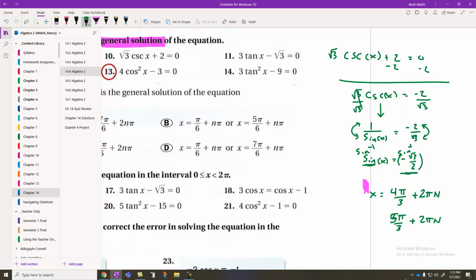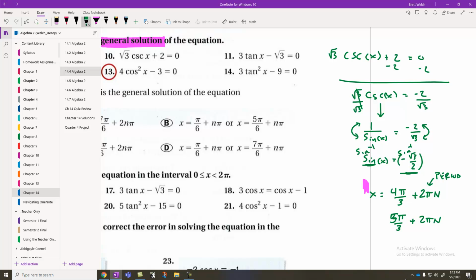So in both of these answers, we're going to say, okay, 4 pi over 3 is the first one you're going to run into, but if you removed 1 full circle or 2 full circles or any whole number of full circles around, you'd land right back where you are. That is true for sine and cosine because 2 pi is the period, which is a cycle, right?